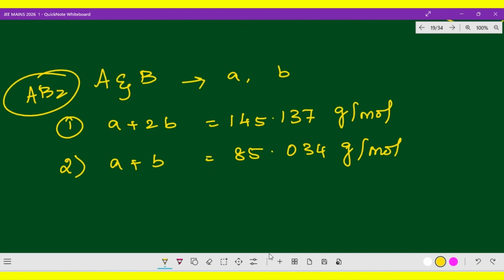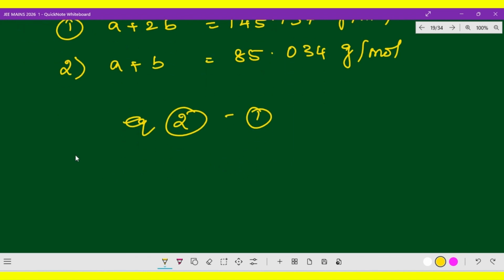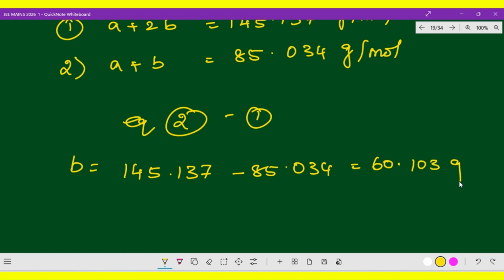Now you have to subtract both the equations: equation 1 minus equation 2. So what you will be getting: B equal to 145.137 minus 85.034. So you will be getting 60.103 gram per mole.